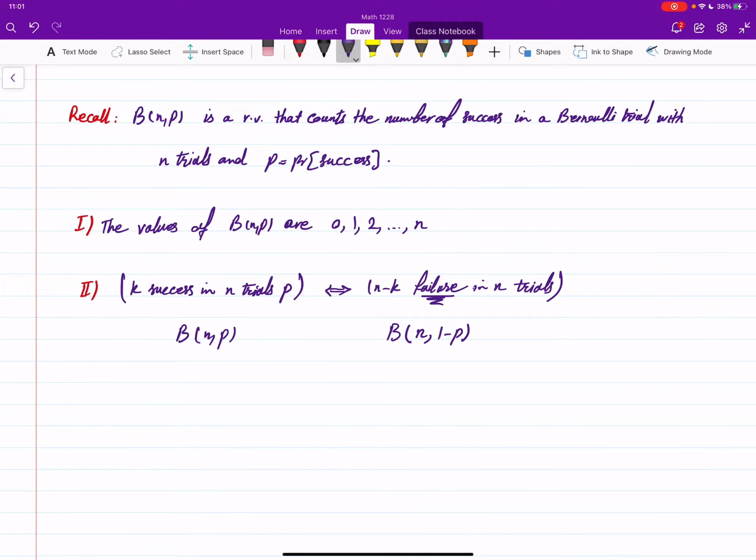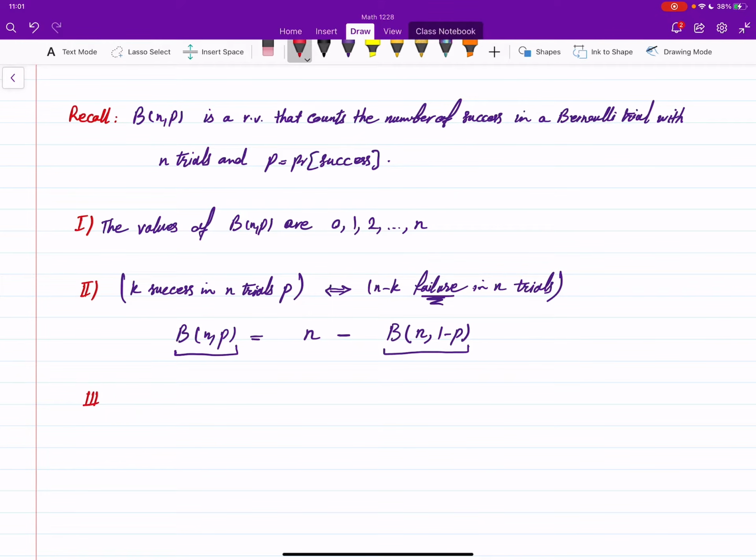Now, one is equal to n minus the other one. So if there are this many successes, there will be this many failures. So that's a relation between these two that you can just write in terms of failure and success.